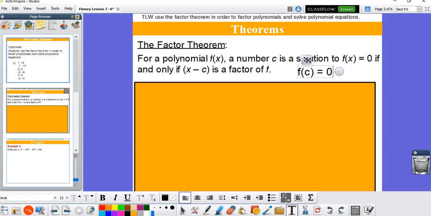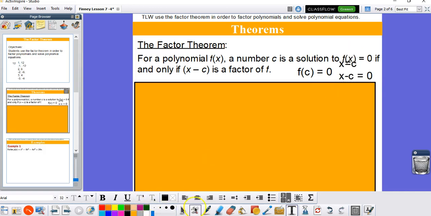So if f of c equals 0, that means when x equals c, that's a solution. If that's a solution, if we work backwards by subtracting c from both sides, then that tells us that x minus c had to be a factor.